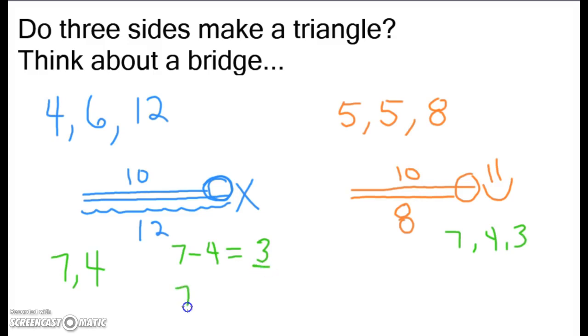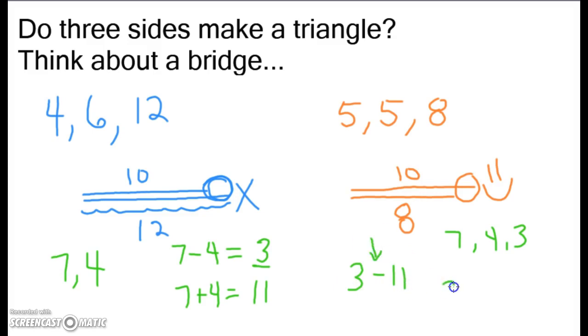And then you can find the other number by adding them. 7 plus 4 equals 11. Well, we just saw a second ago that 11 does not work, but anything smaller than 11 works. That looks like I mean bigger, but that's not what I mean. Anything smaller than 11 will work. So you're looking for a number that's between 3 and 11, somewhere in the middle.